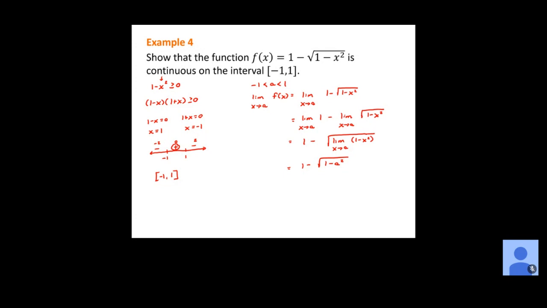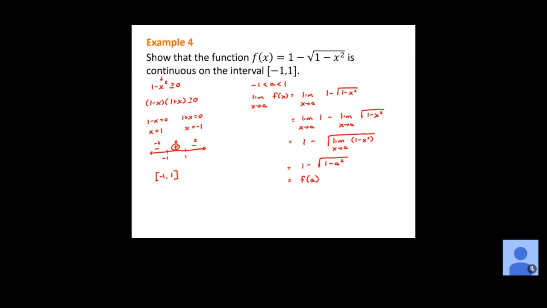So look back at your original function. What's the only thing that's different between what we got as the limit and what the original function was? Yeah, there's just an a in there instead of an x, right? So this thing that we got down here now is just the value of the function evaluated at a.